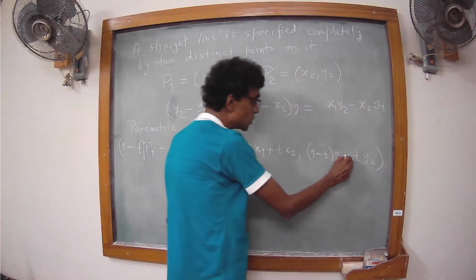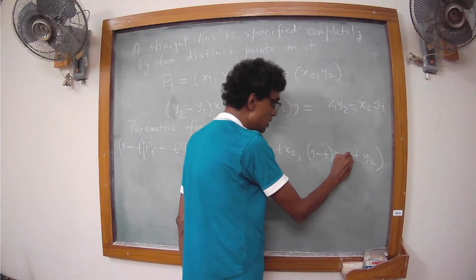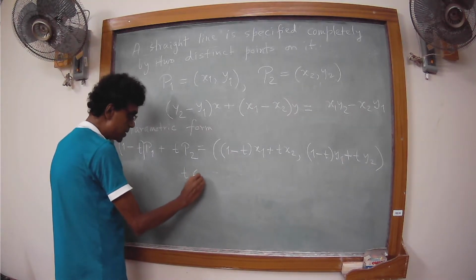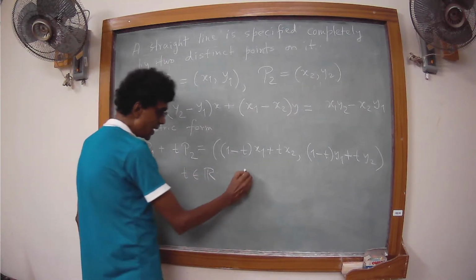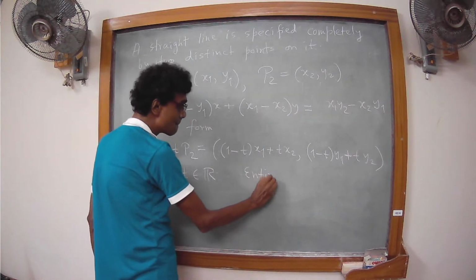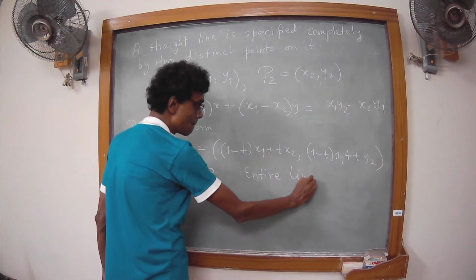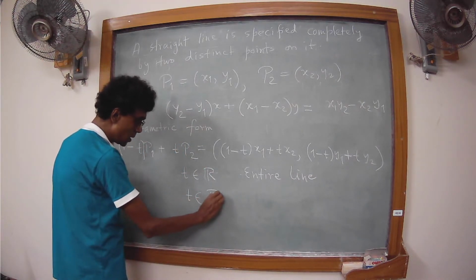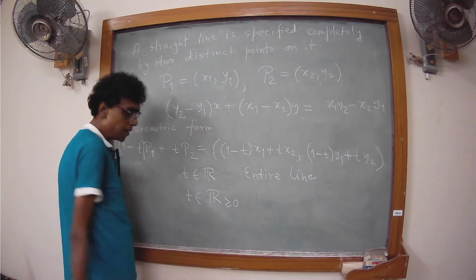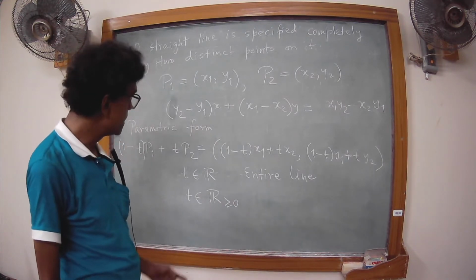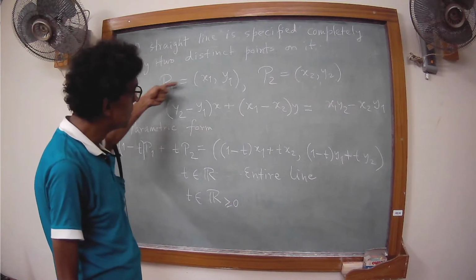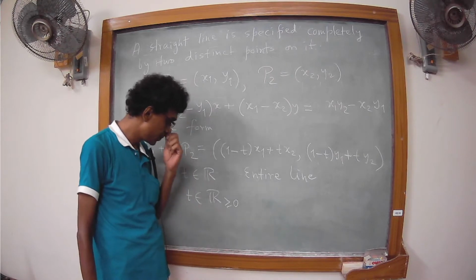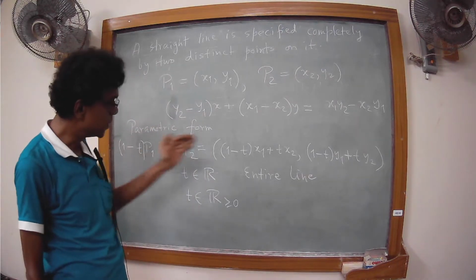And what is the value of t? Now there are important things. If I allow t to be an arbitrary real number, then I get the entire line. If I allow t to be non-negative real values, then it is the line starting from P1 passing through P2 going ad infinitum, arbitrarily in the direction P1 to P2.